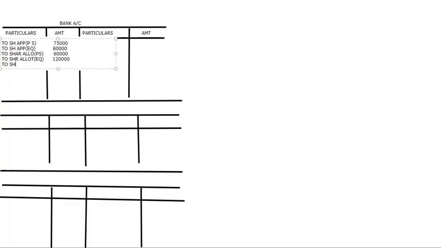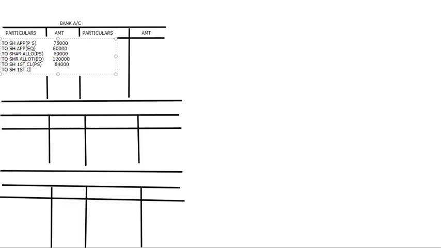Then to share first call of preference. The amount we actually received, I have to write. So 30 into 90. So we got how much? 84,000. What was in the cash account is important for me. So in my cash account, I had only 84,000.